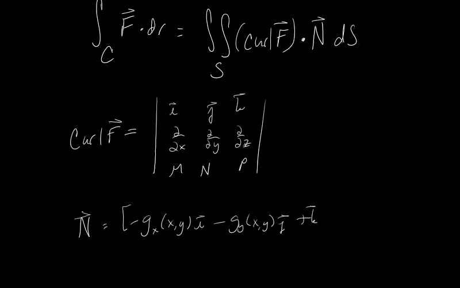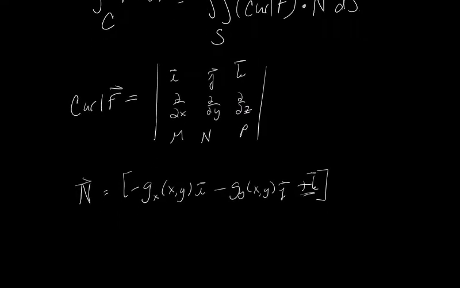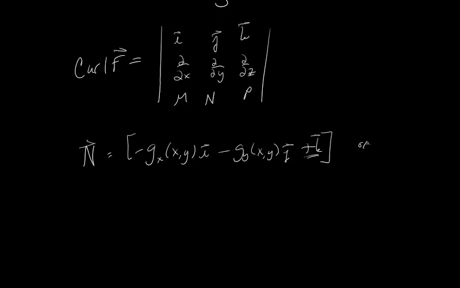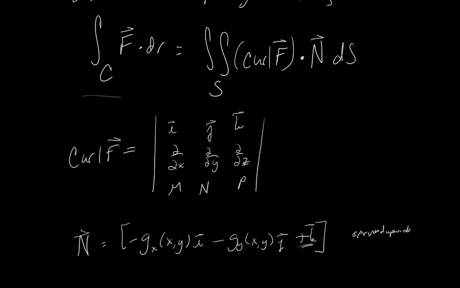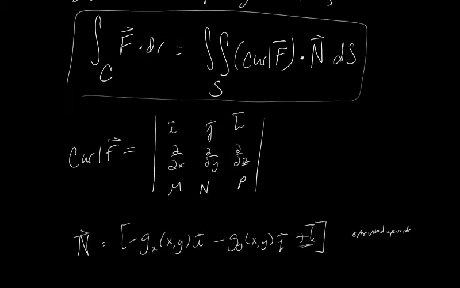Because it's a plus 1 k, that's going to be oriented upwards. Then we would dot these together to get the integrand for our Stokes' theorem formula.